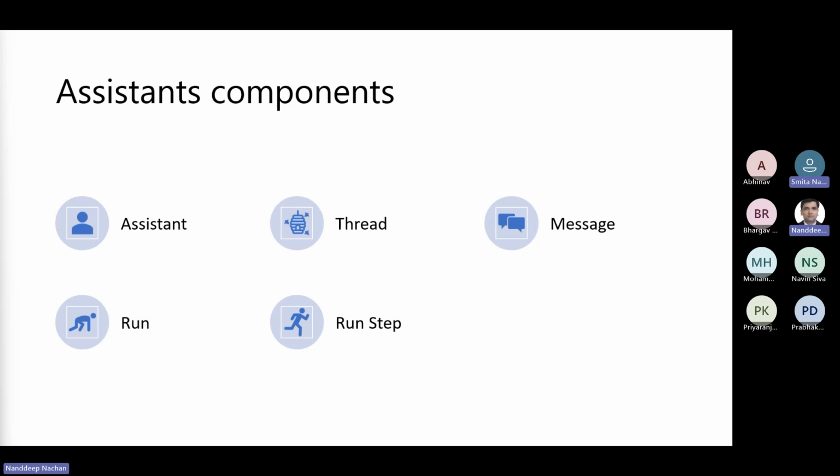Messages are stored as a list on the thread. A run is the activation of the assistant to begin running based on the content of the thread. The assistant uses its configuration and the thread's messages to perform the task by calling the models and tools. When it comes to run steps, they are a detailed list of steps the assistant took as part of a run. An assistant can call tools or create messages during its run.